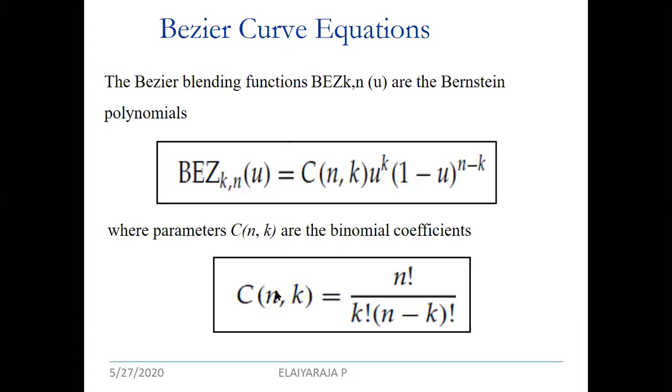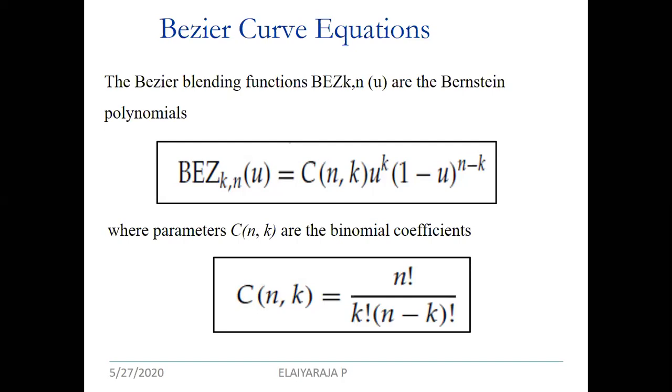Suppose I say 3 comma 0, then it is going to be 3 factorial divided by, like, starting from 3 comma 0, 3 comma 1, 3 comma 2, then 3 comma 3, or it is going to be 2: 2 comma 0, 2 comma 1, 2 comma 2, and 2 comma 2 is the last. Like that you are going to calculate. So C of n comma k is equal to n factorial divided by k factorial multiplied by n minus k factorial.